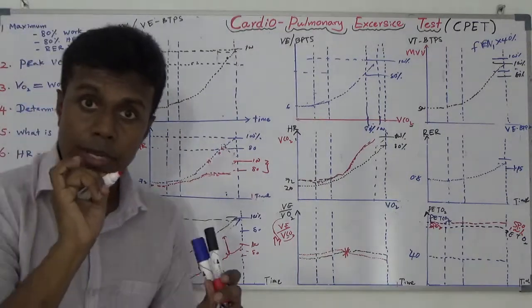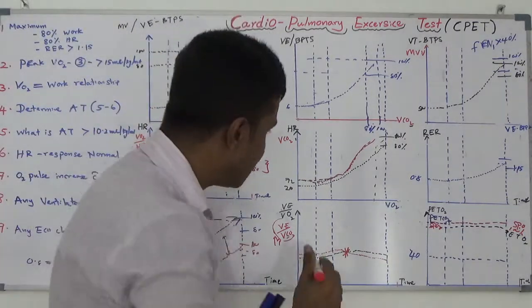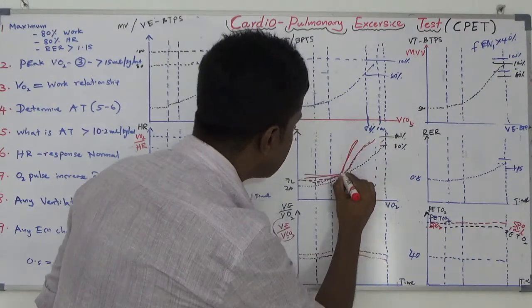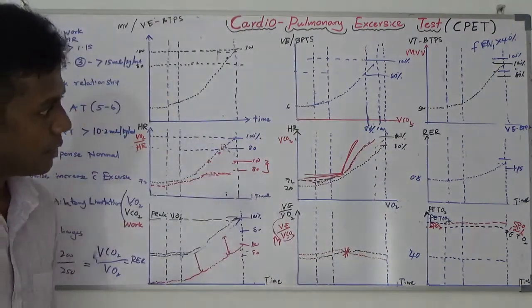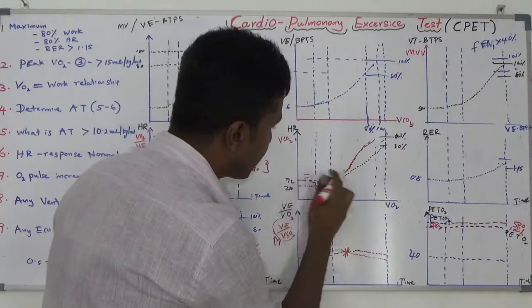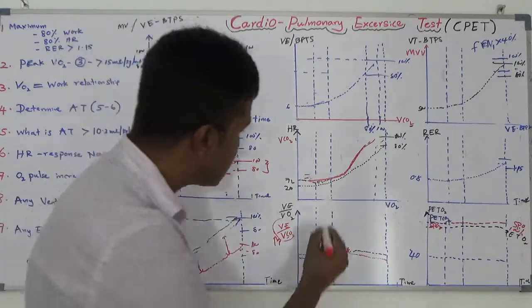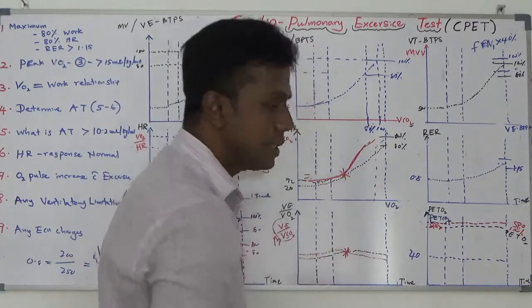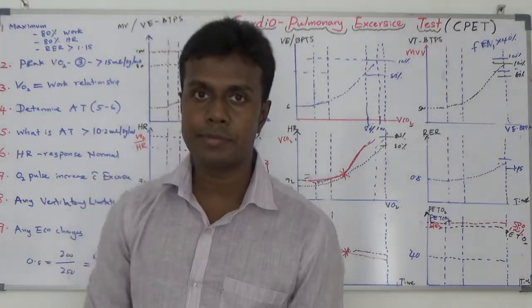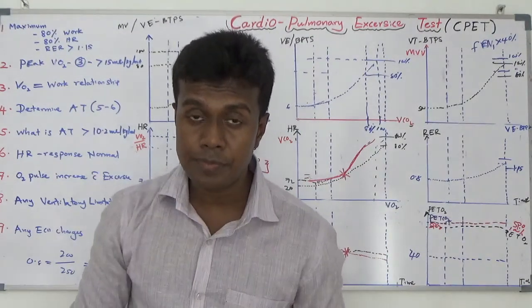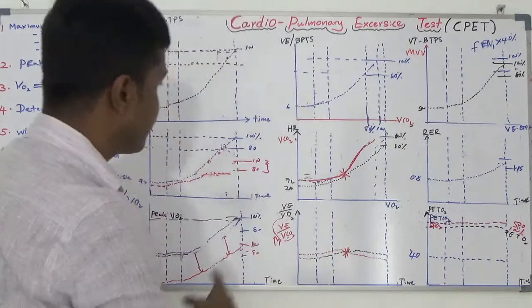If you analyze more carefully, you can see a V-shape arrangement from here to here. This is the point where your anaerobic metabolism is going to start.